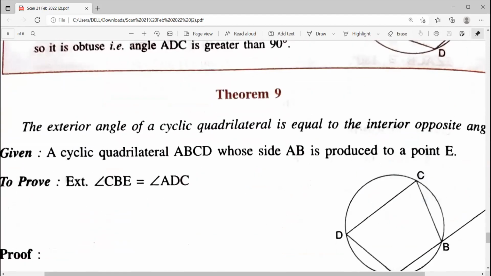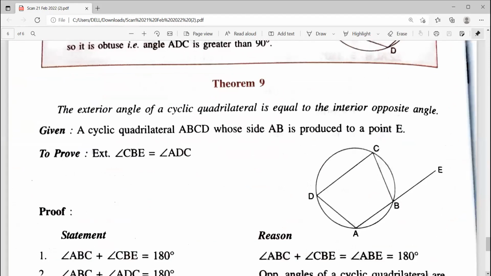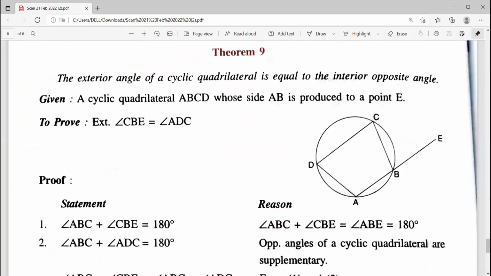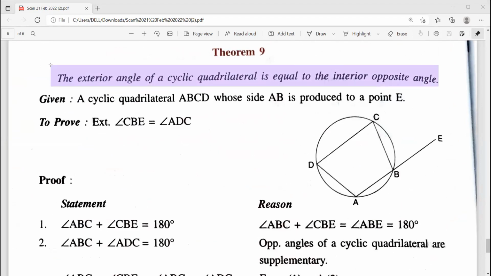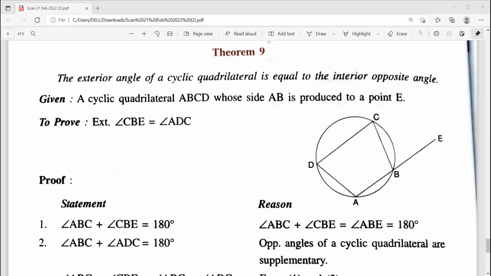Now go for the next theorem. This next theorem says the exterior angle of a cyclic quadrilateral is equal to the interior opposite angle.